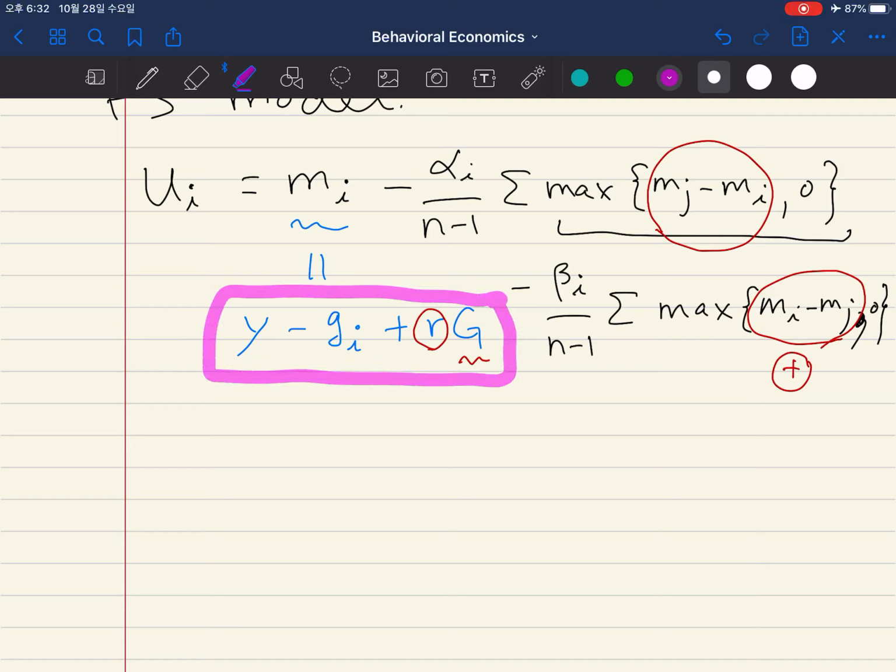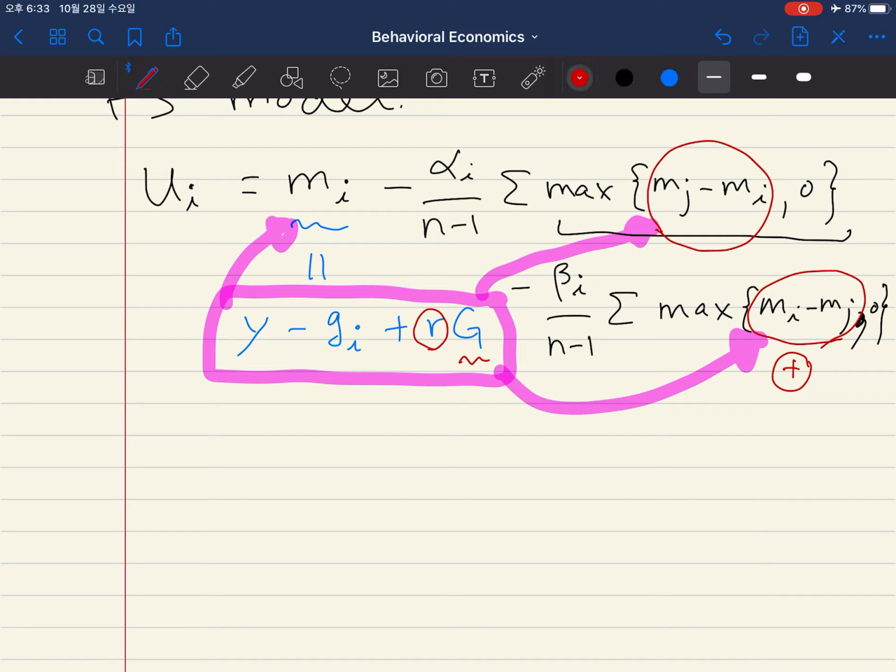So using the definition for Mi, we replace Mi by using this definition for material payoff in public game.